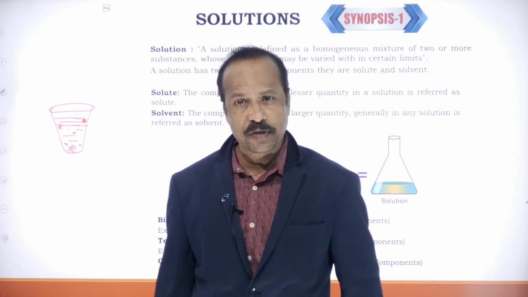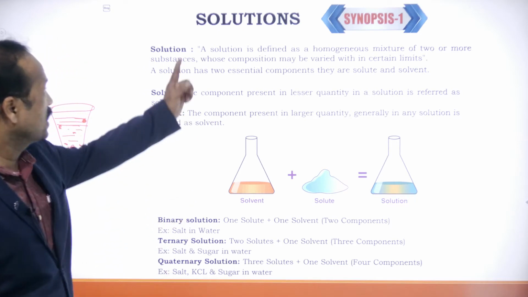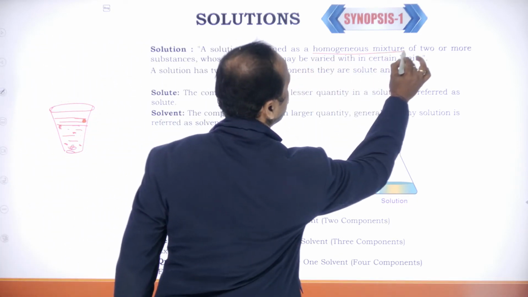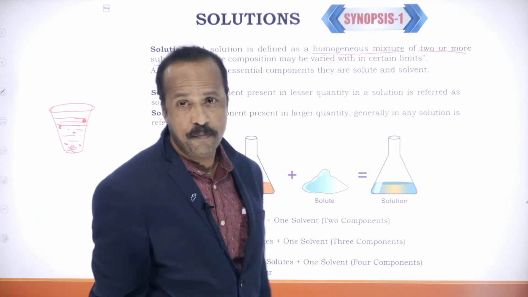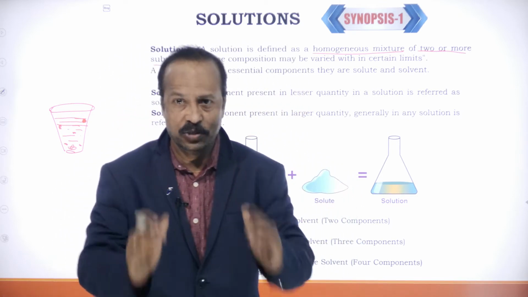Is this clear to you? I think it is there in your textbook also. Here you can see the definition: a solution is defined as a homogeneous mixture of two or more substances. So, that is a solution.